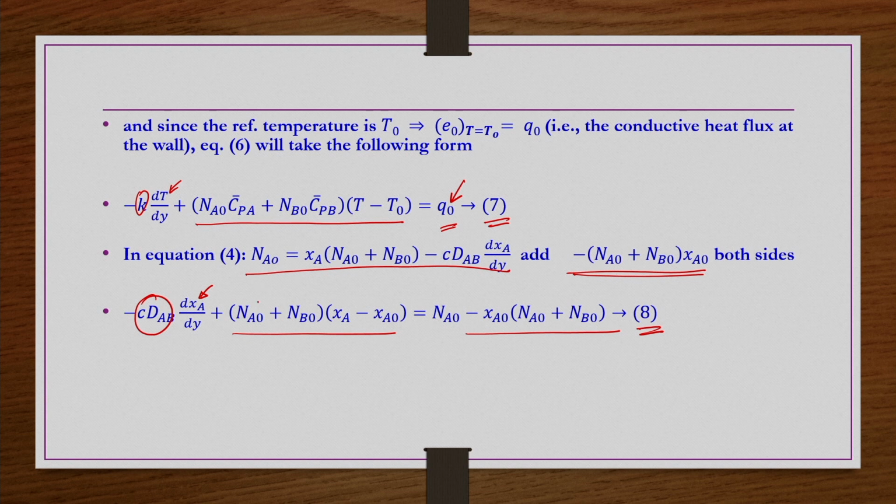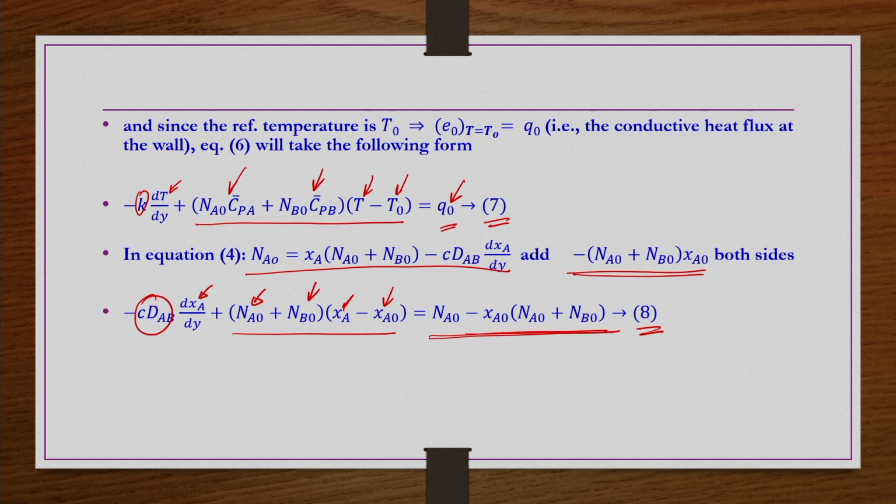Then Na naught CPA bar is replaced by Na naught and then NB naught CPB bar is replaced by NB naught, T is replaced by XA and then T naught is replaced by XA naught and then Q naught is replaced by this particular term in the right side of equation number 8. So that they are quite similar to each other. So you can solve any one of these equations and then analogously you can write the solution for the other equation.